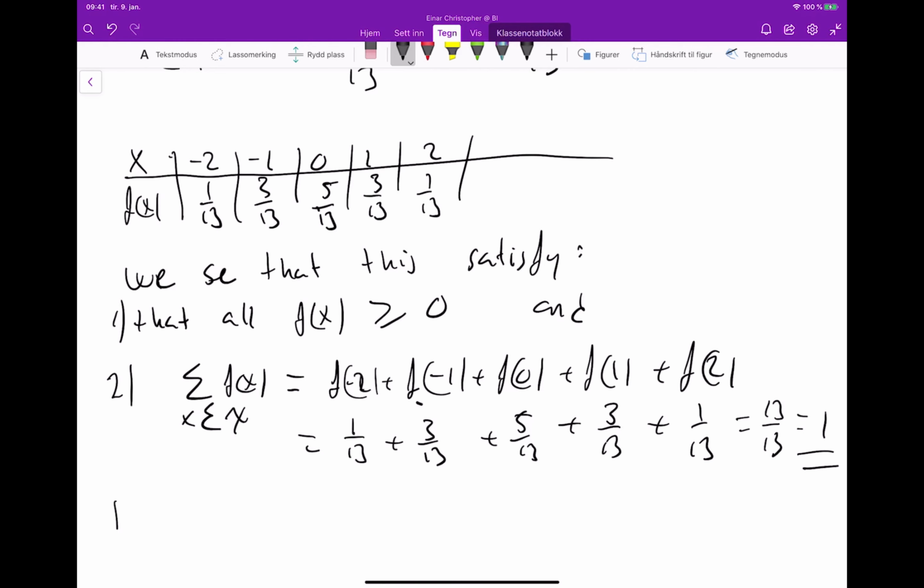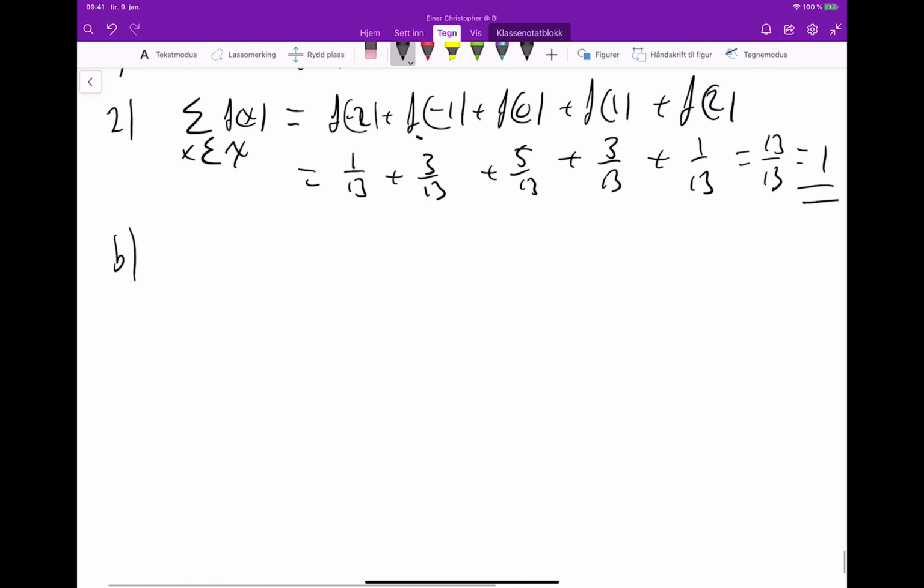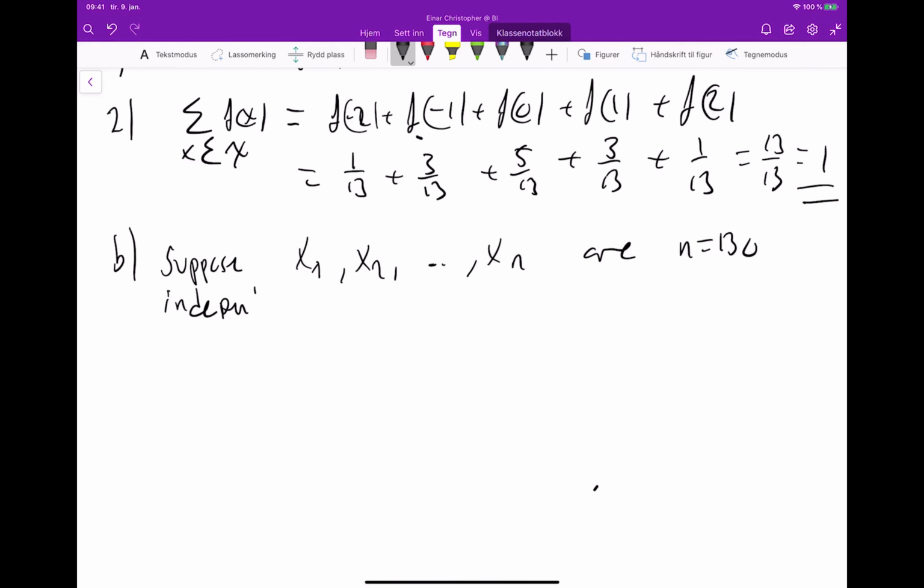Then we can go to B, and suppose x1, x2, up to xn are n equal 130 independent copies of x.